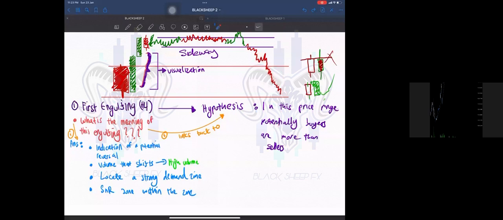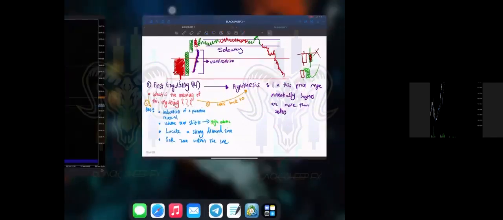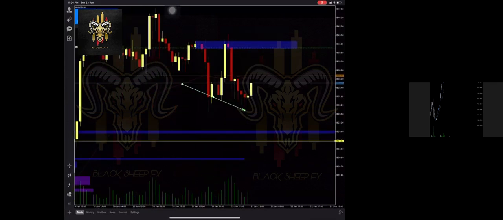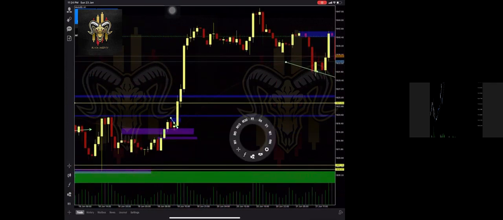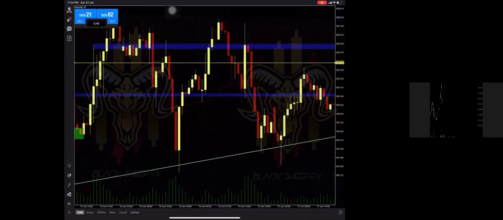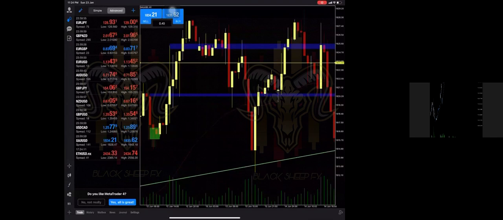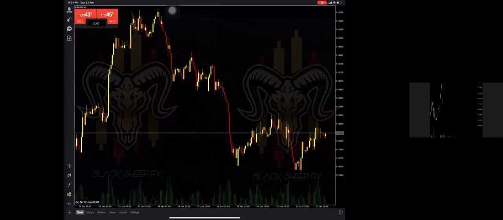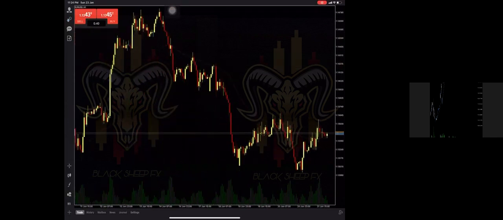What do I mean by that? I'll give you an example. I'm going to use a different chart. Let's say this is Euro USD.